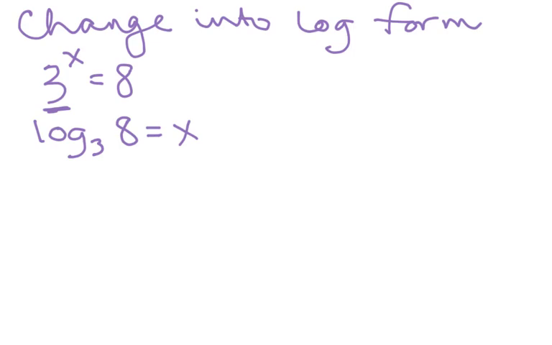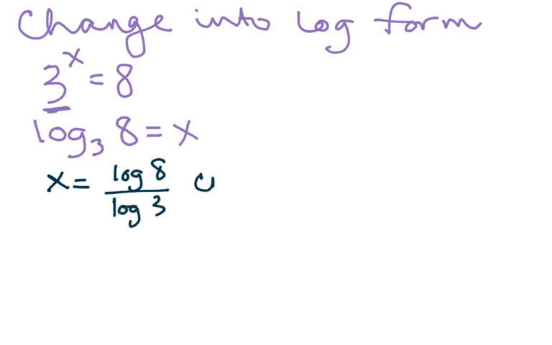So if you recall from over a week ago, what you can do is change this into what we call calculator ready, and it's also called change of base. So if you want to just go straight to the calculator, x is equal to log 8 divided by log 3.